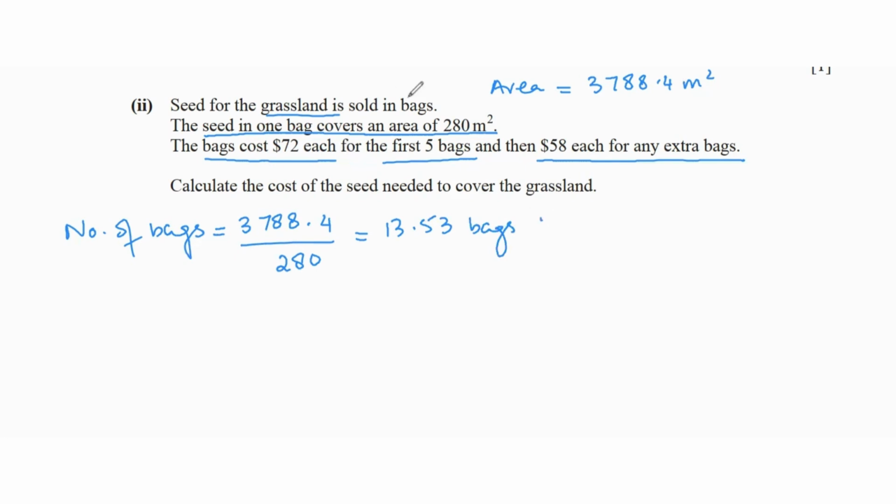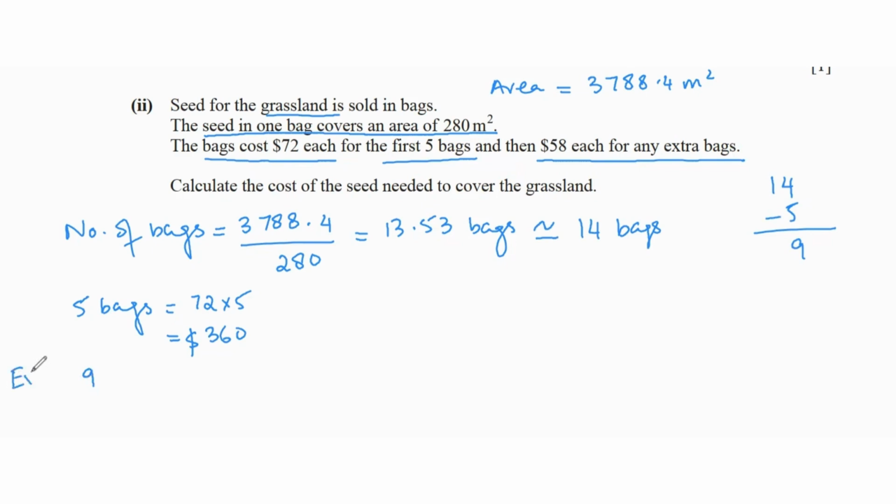Next, I'm going to look at the cost breakdown. They've told us that the first 5 bags cost $72. So 5 bags is 72 times 5, which is equal to $360. I'm going to round 13.53 to 14 because we can't buy bags in decimals. If we subtract 5 from 14, that gives us 9 extra bags.